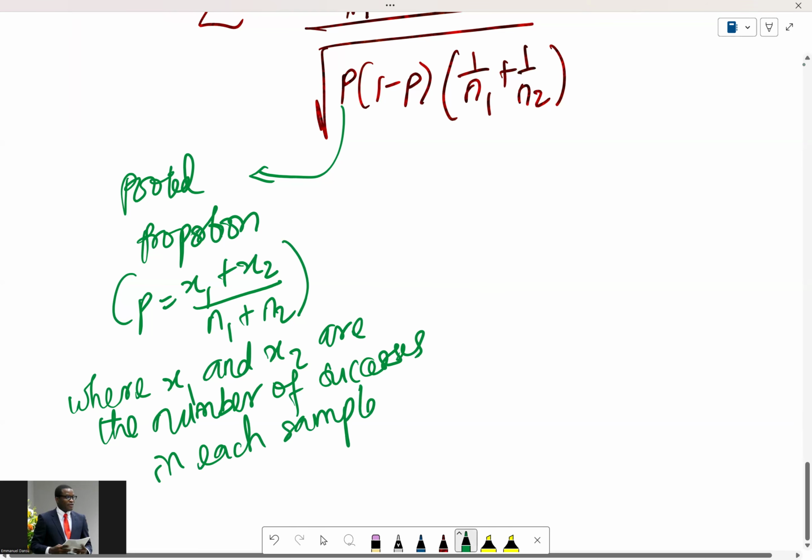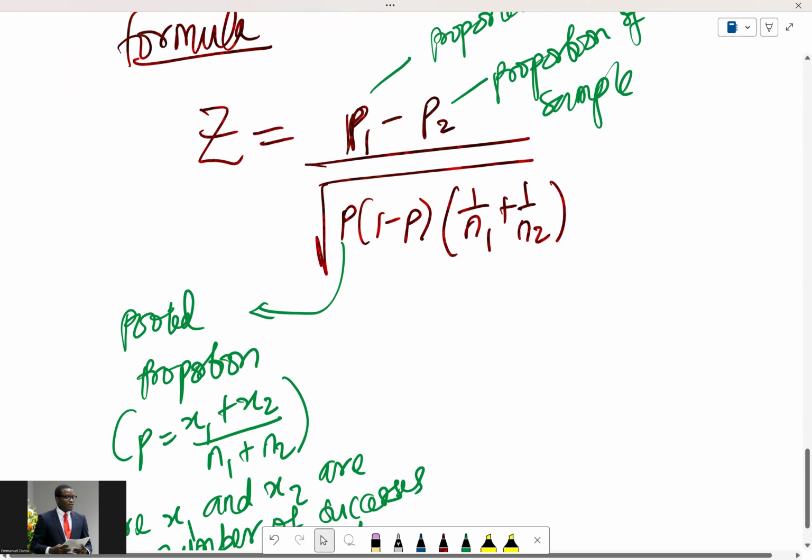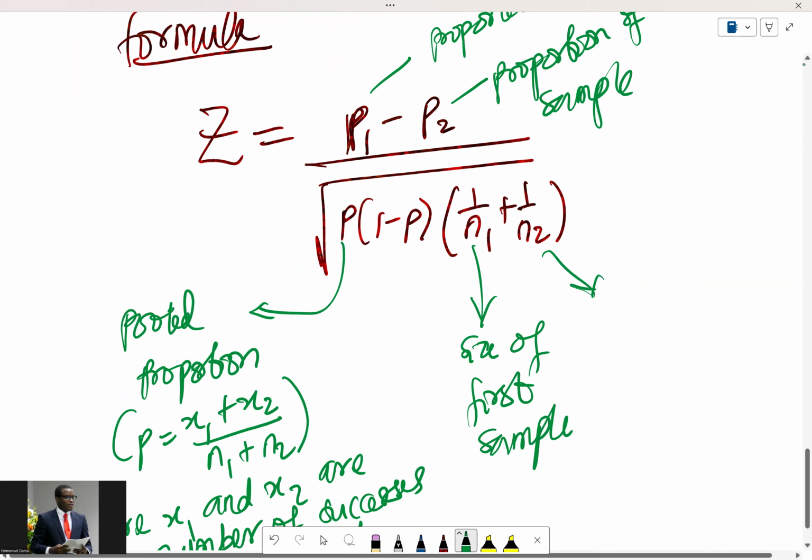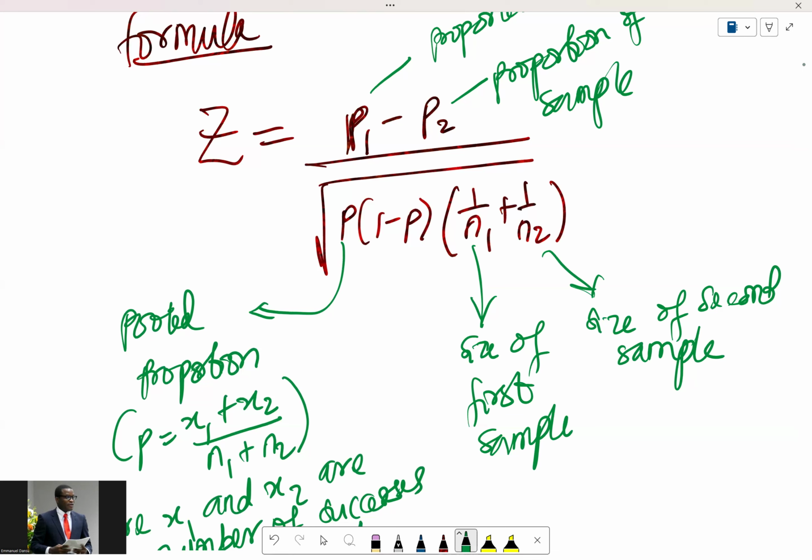Then n1 is the size of the first sample, and n2 is the size of the second sample. So that's what that is about.